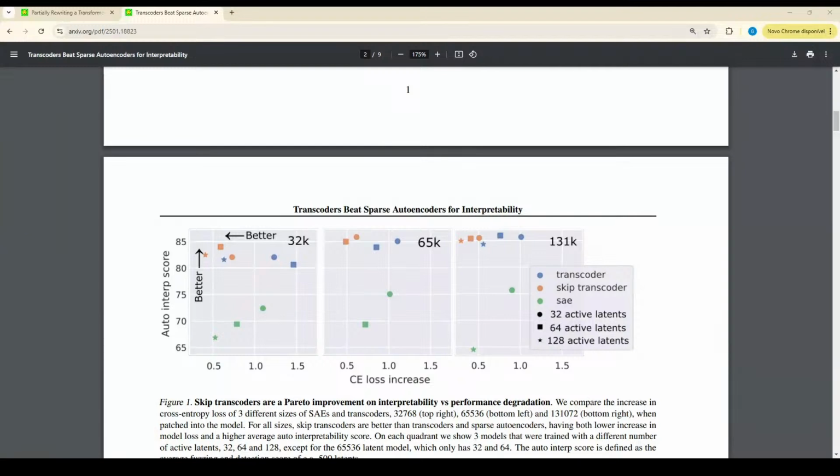Then Anthropic used basically the same technique, and now I don't remember the link of the Anthropic blog post, but they did the same thing for SAE features, latents.